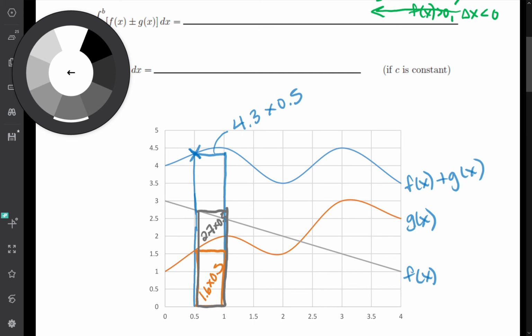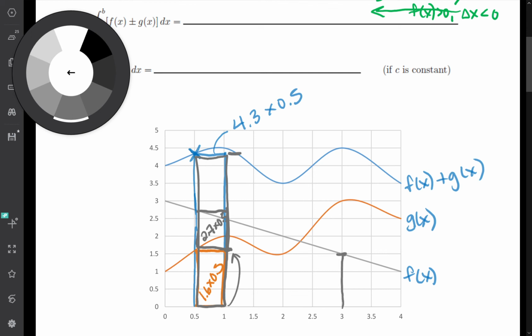So I am estimating here, but the point that I want to get at is this big rectangle with the total height of approximately 4.3. You could picture that as just lifting the gray rectangle up and stacking it on top of the orange rectangle. So basically, if your function is f of x plus g of x, you could think about that as taking, either way, this one I did the orange first, but over here I could do gray first.